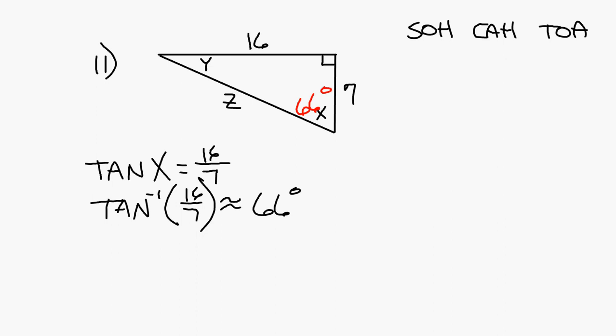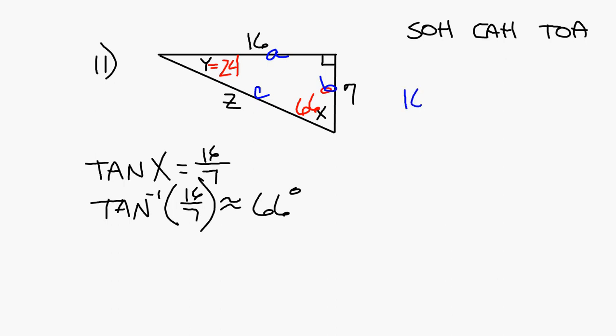If you label these sides A, B, and C, you can do the Pythagorean Theorem again to solve for side C, which is variable z. 16 squared plus 7 squared equals c squared.